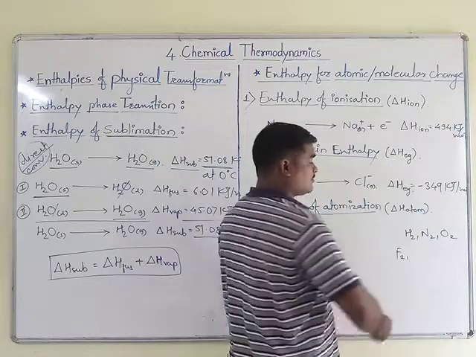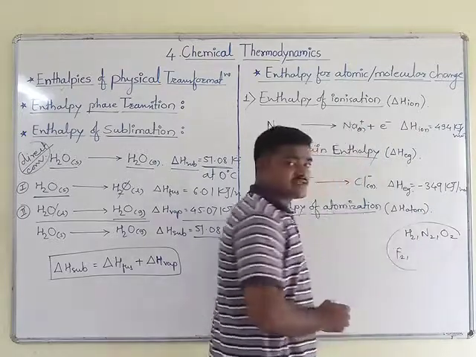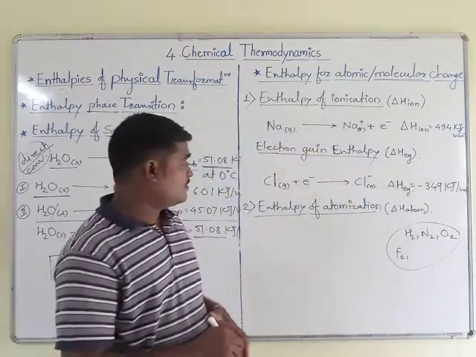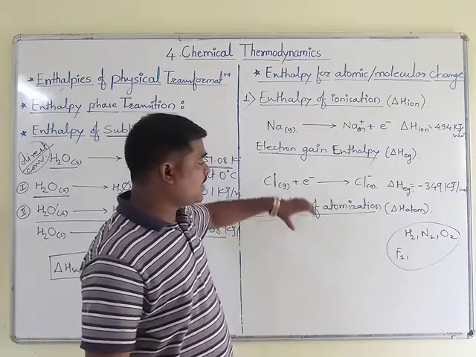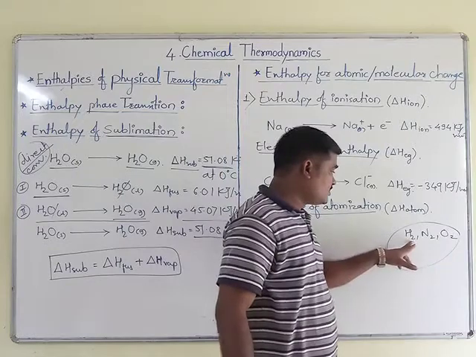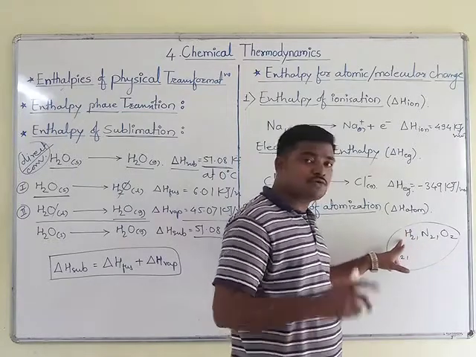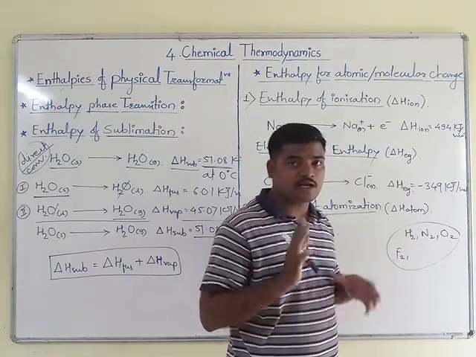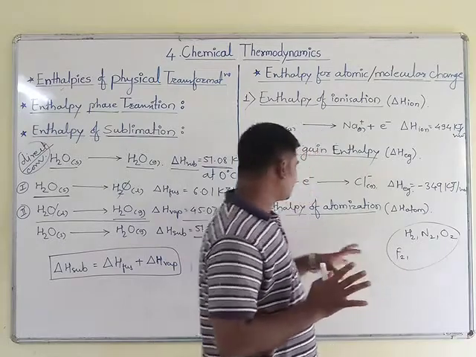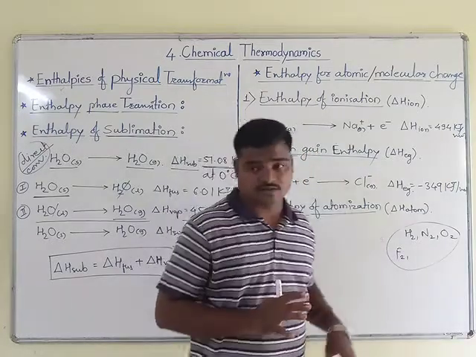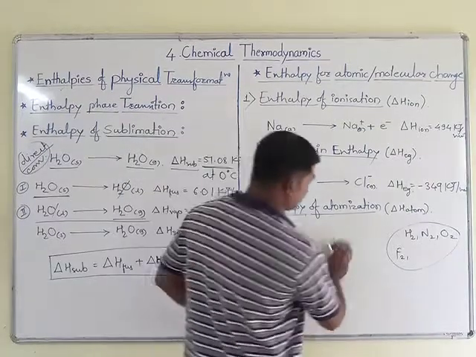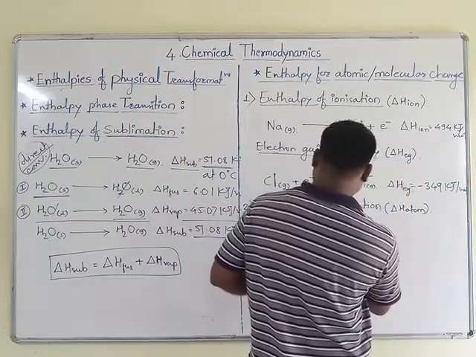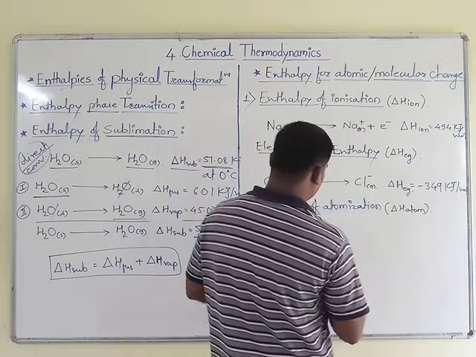All these are nothing but diatomic gases. It means the enthalpy, or the heat or energy, required for the conversion of H2 into its corresponding single H atoms is nothing but the enthalpy of atomization, and we will see that by considering one example, that is chlorine gas.